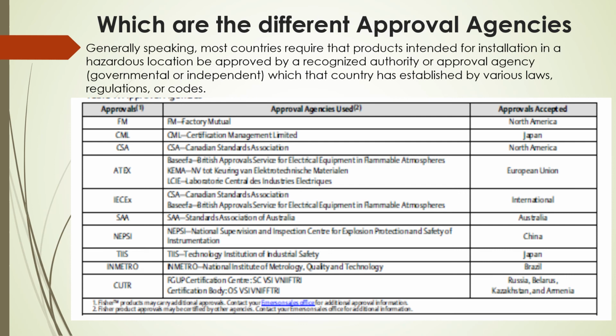Is approval accepted in North America. CML, Certification Management Limited. This agency is accepted in Japan. CSA, Canadian Standards Association, North America. BASEEFA, British Approval Service for Electrical Equipment in Flammable Atmospheres.